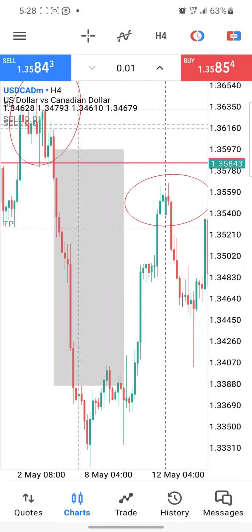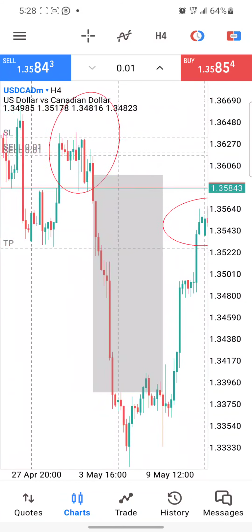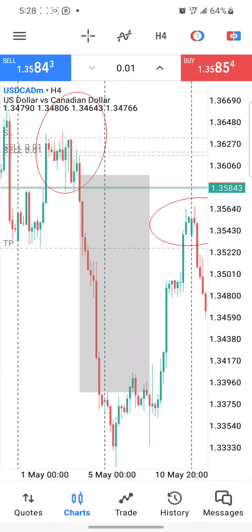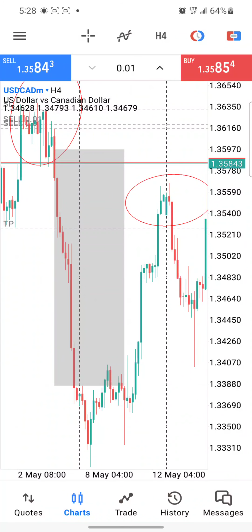When we talk about inducement, what we mean is the market is going to deceive you, making you think it's going the way you want it to go. Yes, it will go the way you want, but when it gets to a point, the market declines, or let me say it returns. Someone will even call it a faker, where the market makes you think it's going up and then later on it turns back downwards.